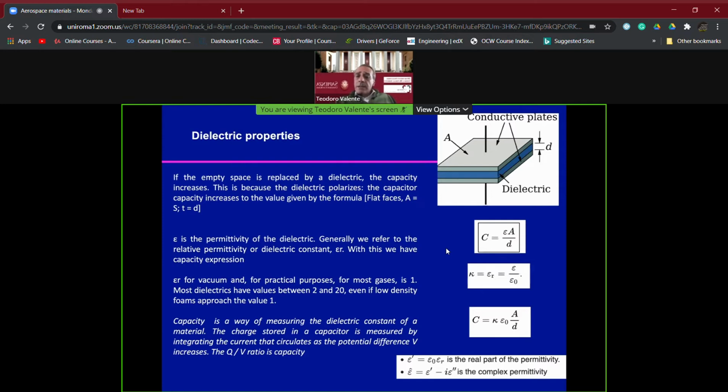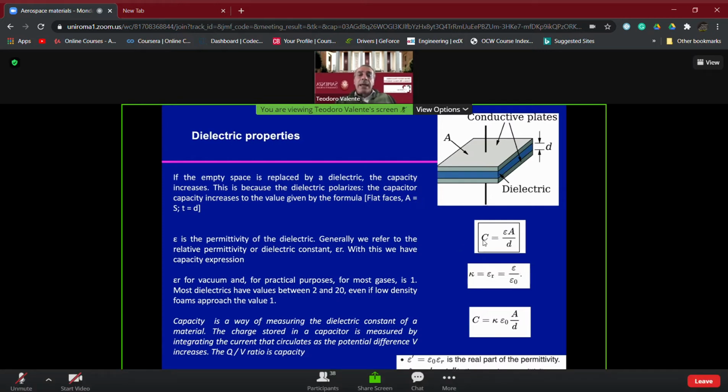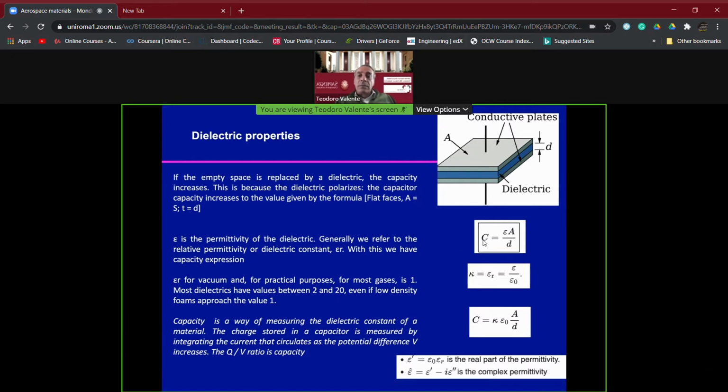In this case, remember that we can define for the permittivity a real part and an imaginary part, which are defined as epsilon 1 and epsilon 1 minus i multiplied by epsilon 2, and which is again related to a material property.